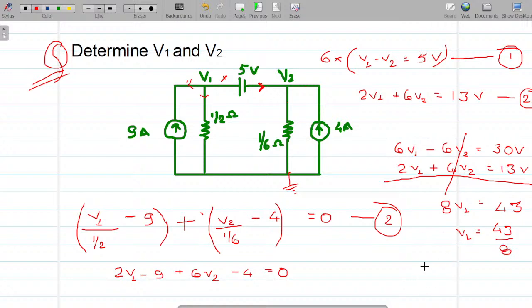Now we need to calculate V2, right? V1 is calculated to be 43 by 8. V1 minus V2 is equal to 5, or can I write 43 by 8 minus 5 is equal to V2, right?